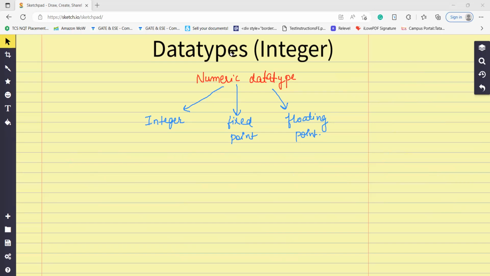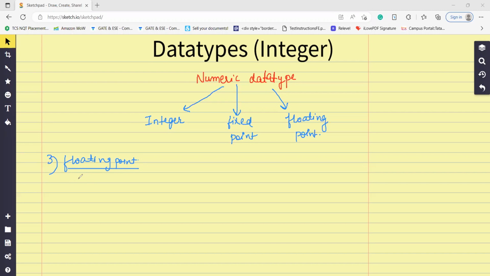Okay, let's start. So the third one is floating point. In fixed point we saw that we can use decimal or numeric. They are the same thing. You can either go with decimal 3, 2 or numeric 5, 2 or something like that.